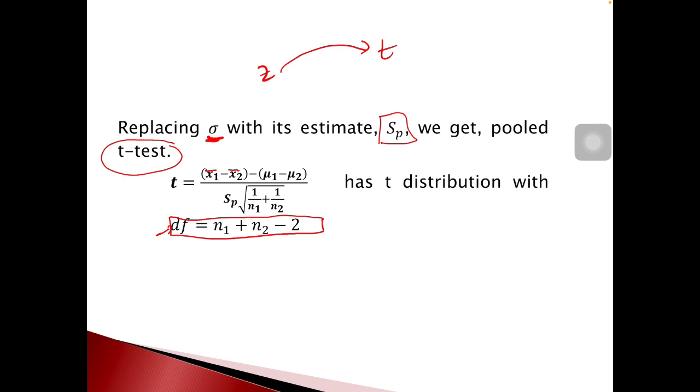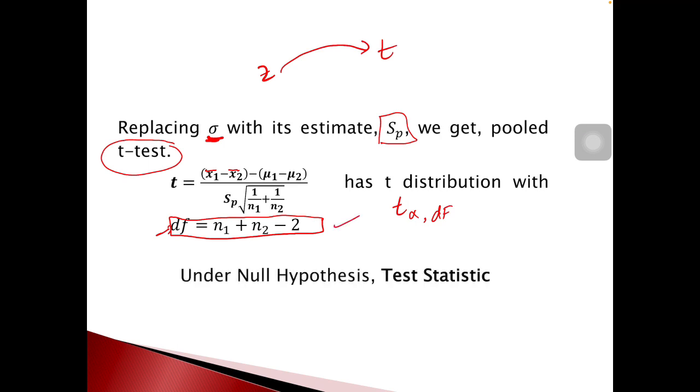If you need to find a value from the t table, you should have two things: alpha and the degrees of freedom. It doesn't matter if you switch the order. You need alpha, which means significance level, and the degrees of freedom.